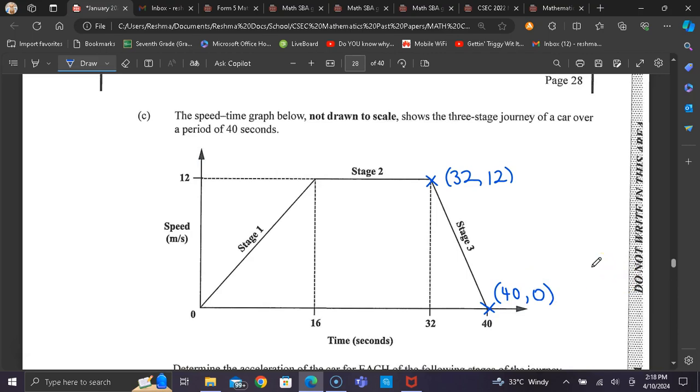The acceleration will be 0 minus 12 over 40 minus 32. 0 minus 12 is negative 12. 40 take away 32 is 8. And if we reduce this by dividing by 4, we get negative 3 over 2. So negative 1.5, which is our acceleration.